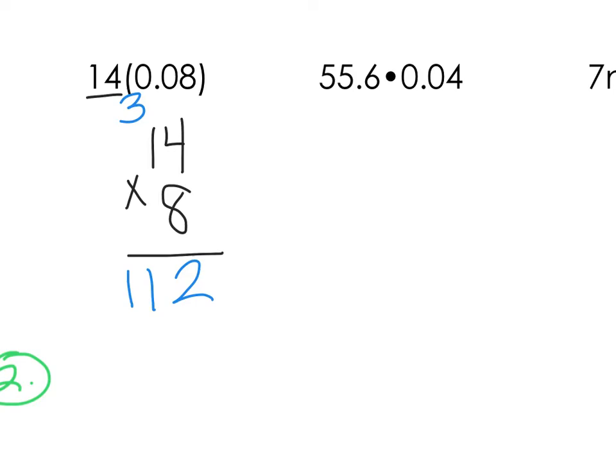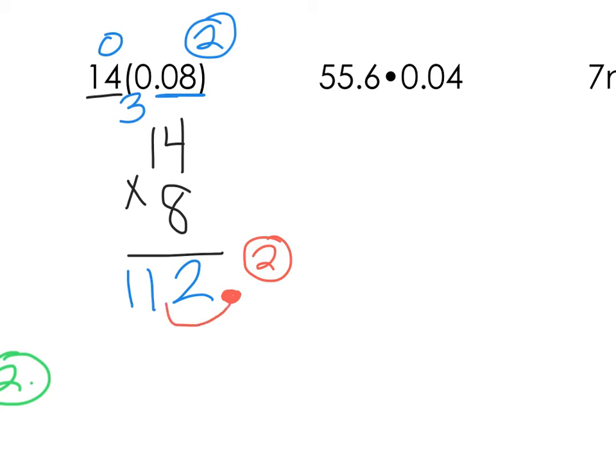Okay, so I multiplied like normal. Now I need to count how many numbers are actually behind the decimal. And if we look here, there's no decimal places in the 14, so that would be 0. Then here we have 1, 2 numbers behind the decimal in the second number. So I know now I'm always going to put my decimal in the back, and I'm going to move it over 2 times.